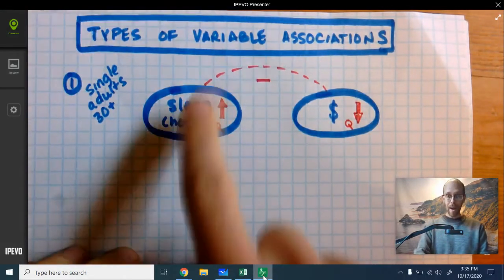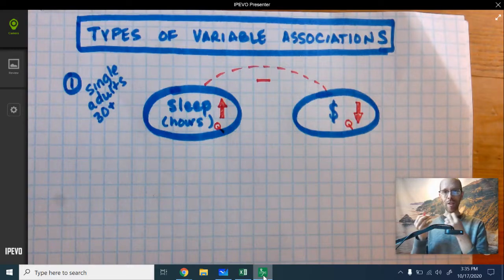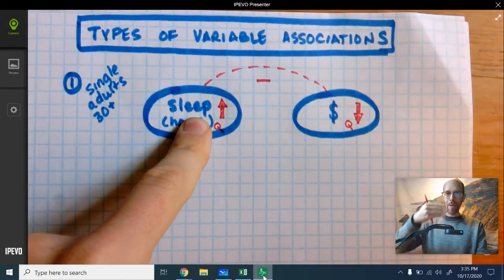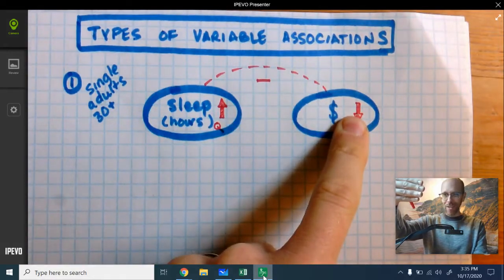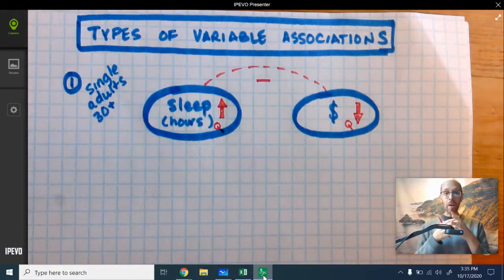Now, when we have an association, we have to think about causation. Is it possible that one of these variables is causing the changes in the other? Well, would it make sense that just by getting a couple hours of sleep tonight, your bank account drains of money? No, that is ridiculous. So there is no causal relationship here.